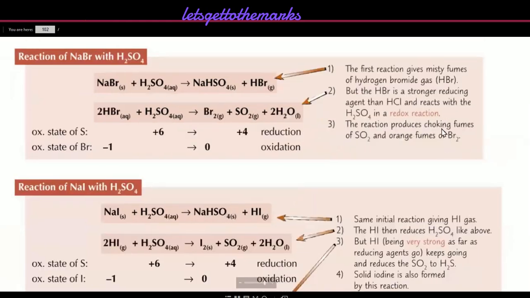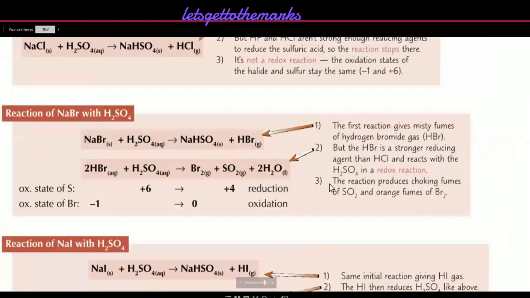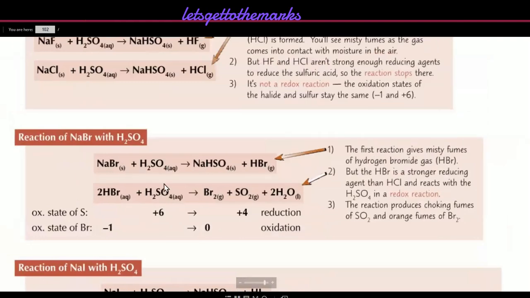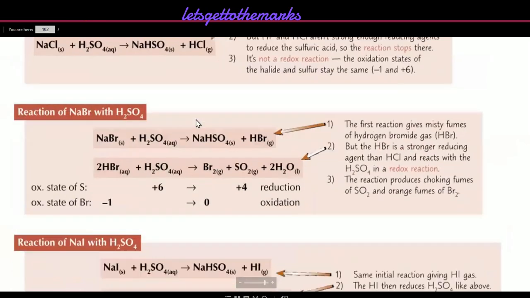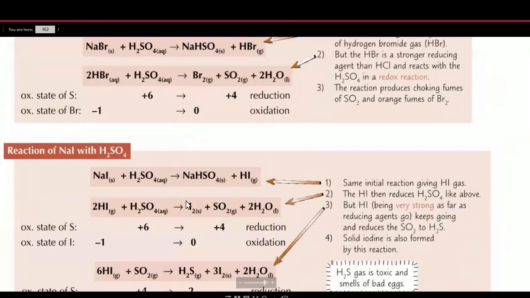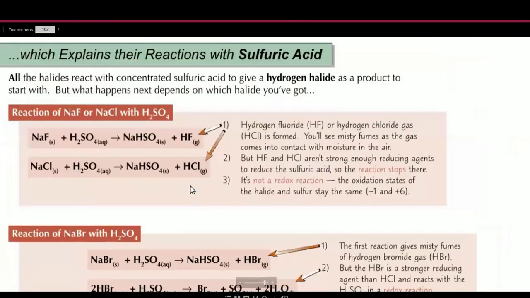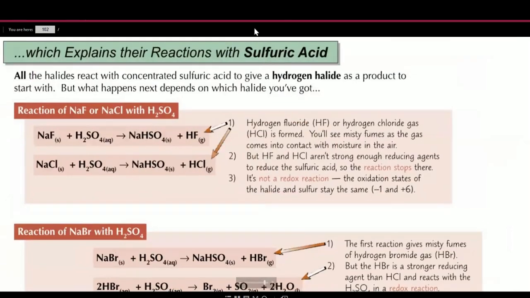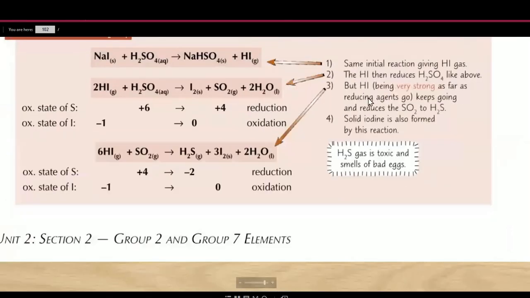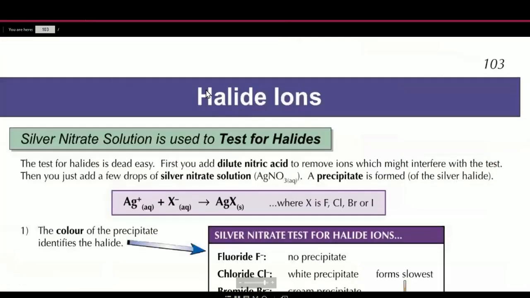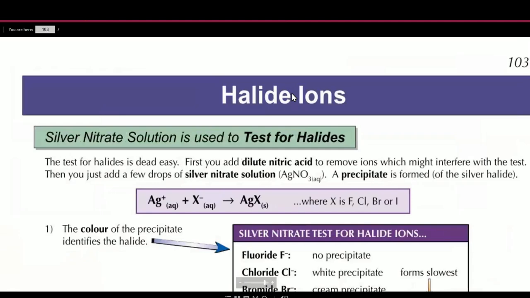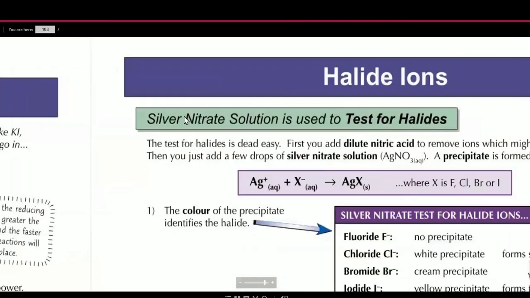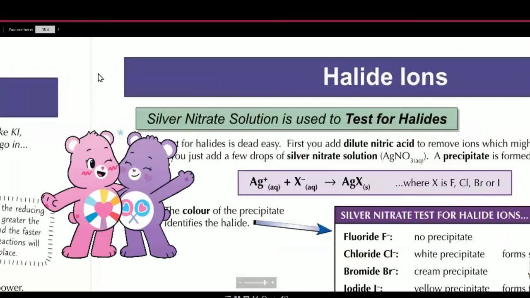And this little chapter in the revision guide on the halide ions and their reducing power shows us that fluoride and chloride ions aren't strong enough reducing agents, but the bromide ions are even stronger and can form more products. And then the iodide ions are the strongest reducing agent out of the halide ions. And you can see all the different reactions you need to know off by heart. And really, you just need to put the hard work in and learn those off by heart using revision cards.